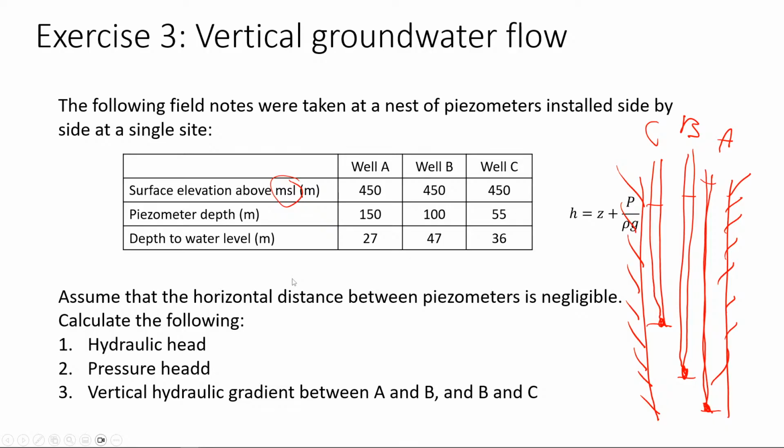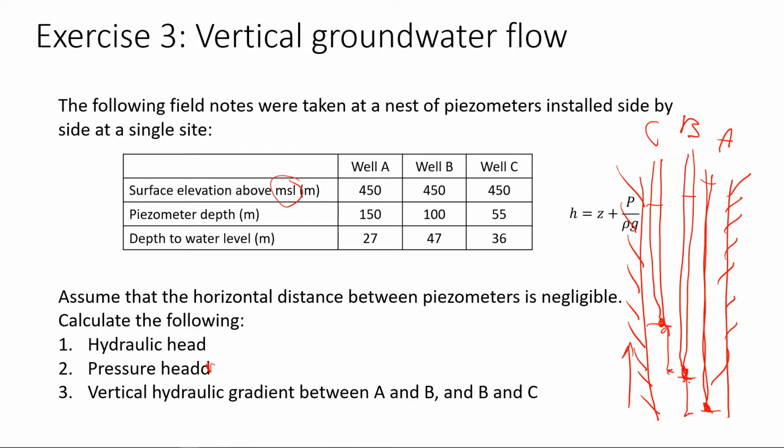Let's plot this. I'm asking you, assuming the horizontal distance between these is negligible, so they are all installed in the same place, calculate the following: hydraulic head, pressure head, and the vertical gradient between A, B, and C. The vertical gradient, not the horizontal gradient, means you need the distance from here to here, for example.